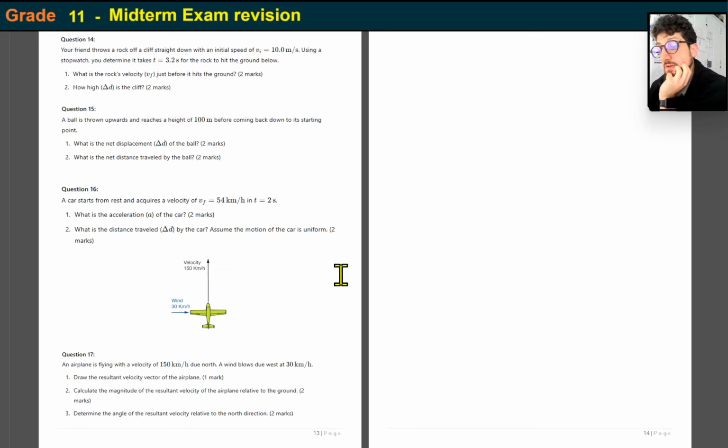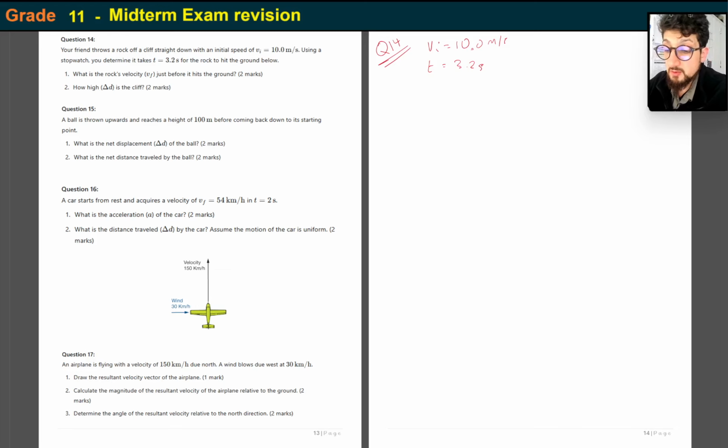So that means they want the final velocity. So what do we have? Once again, we have vi equals 10.0 meters per second. We have t, which is 3.2 seconds.